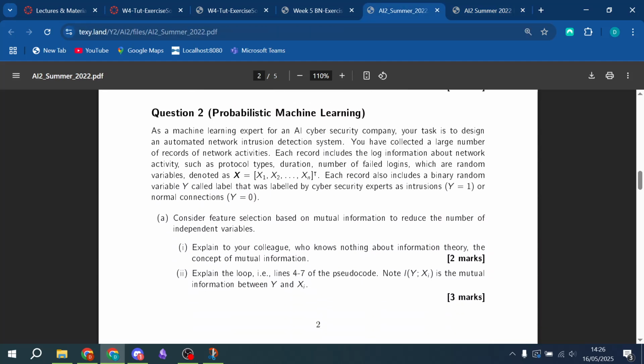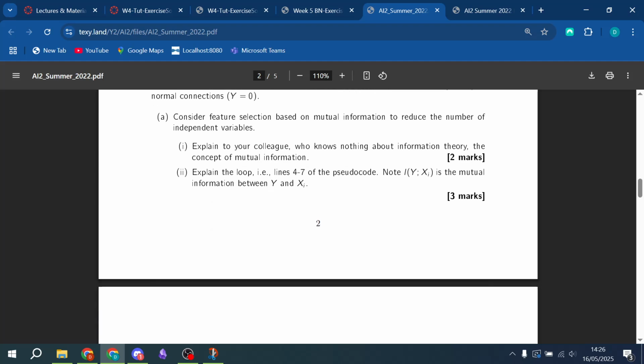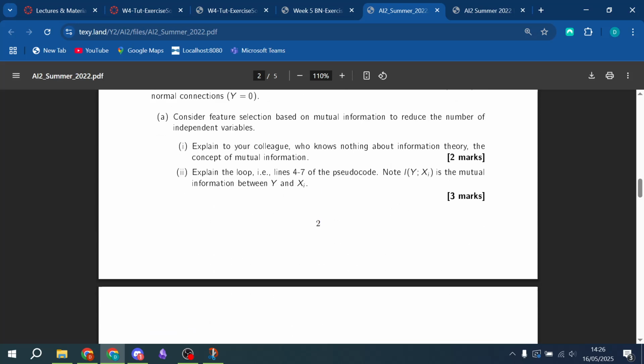Right, question 2. This is the one that did have a mark scheme, but I'm going to go through it anyway. Probably I'll be a bit quicker because the answers are actually there. Basically, this is just a bunch of yapping. All you need is this bit, really. It's just: explain what mutual information is.